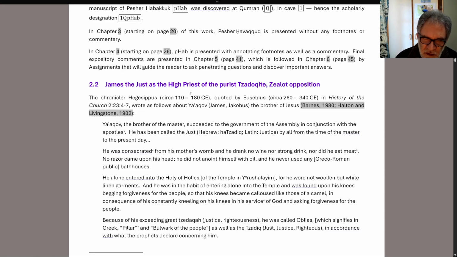So what we're seeing over here is a person from a group who are convinced that the official establishment high priesthood is hopelessly impure, and that a high priest of sufficient purity and absolute devotion has got to enter into the Holy of Holies during Yom Kippur in order to obtain an efficacious atonement for the people.